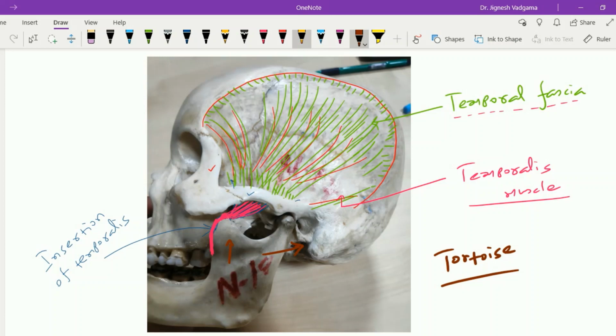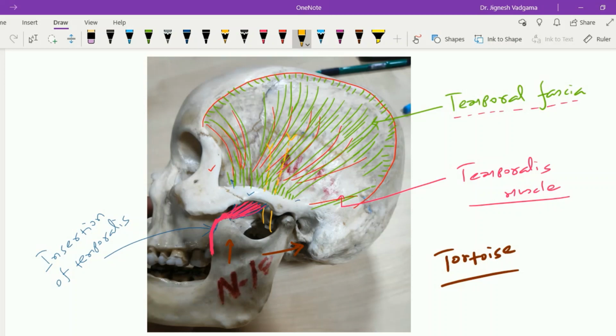This temporalis muscle is supplied by the deep temporal nerves, which are branches of the anterior division of the mandibular nerve, which passes behind the zygomatic arch and lies deep to this temporalis muscle, and these nerves are usually 2 in number.